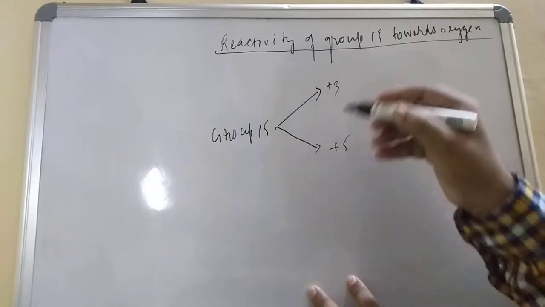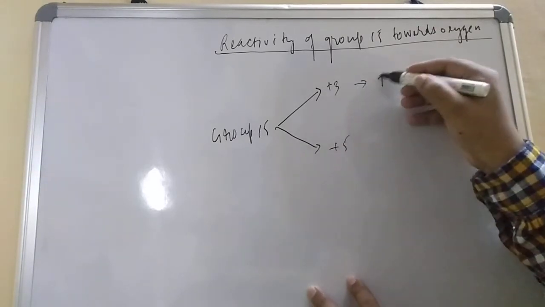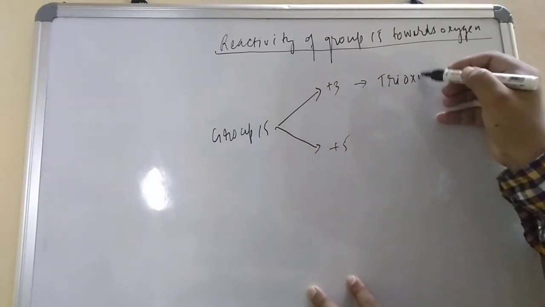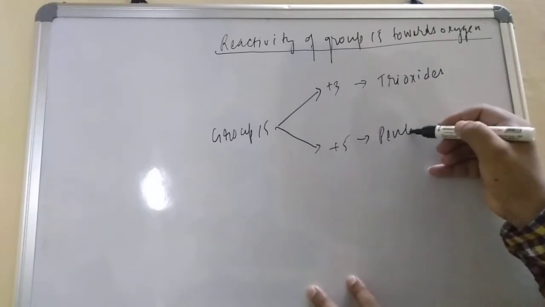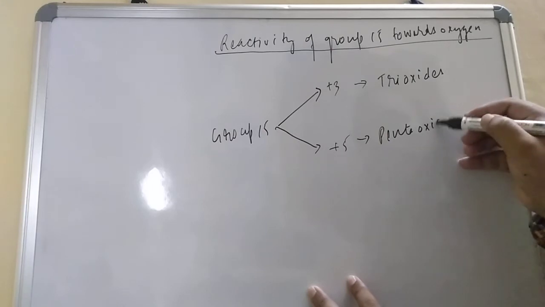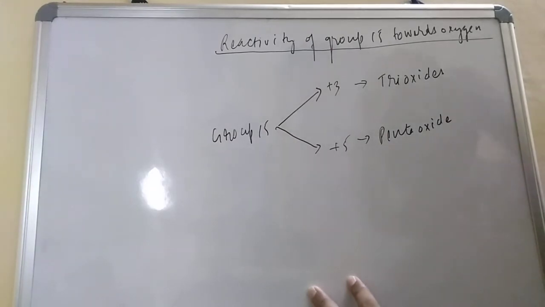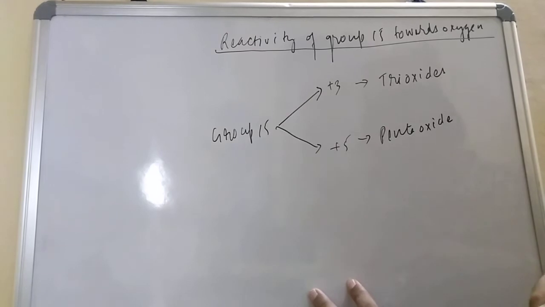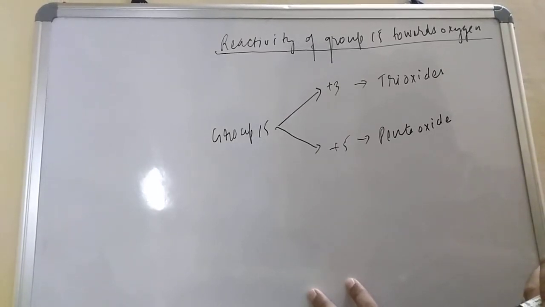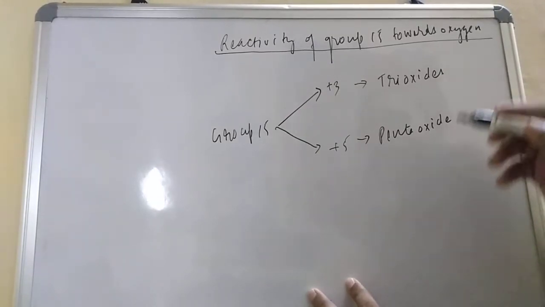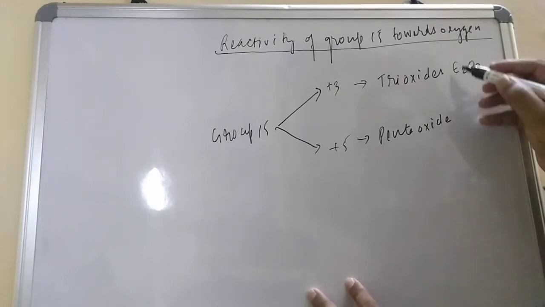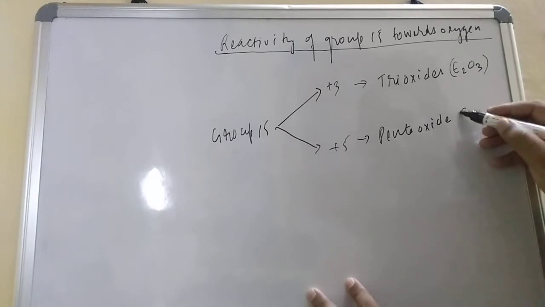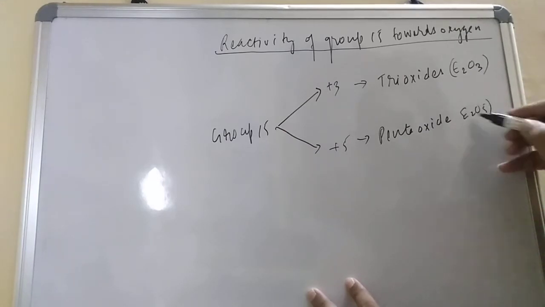So they will give two types of oxide: the trioxide and the pentoxide. In the pentoxide the oxidation state is plus 5, and in the trioxide the oxidation state is plus 3. We represent them as E2O3, the trioxide, and E2O5, the pentoxide.